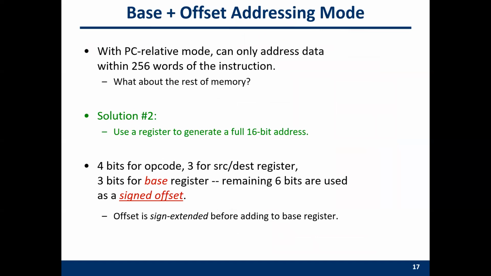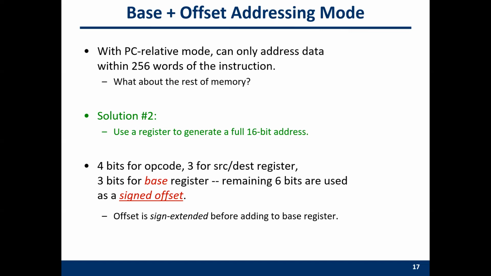So in the base and offset addressing mode, we can store the pointer in some register, some general purpose register. In that way, we have 4 bits for the opcode, 3 bits for the destination, and 3 bits for the base.